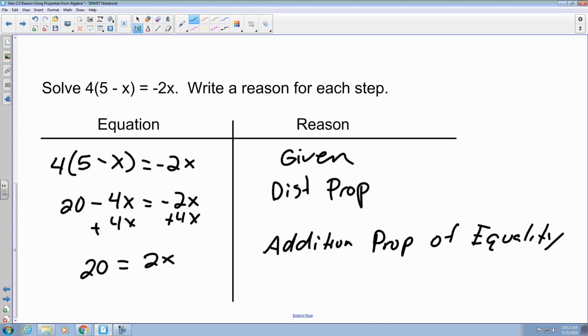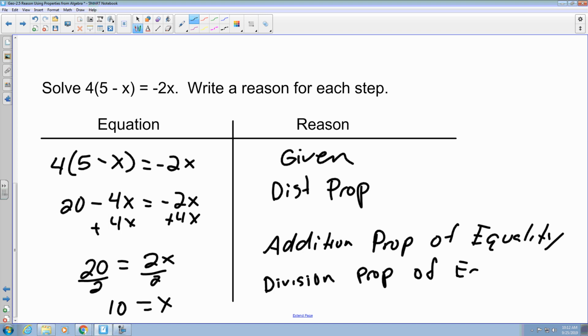And then finally, I'm going to divide everything by 2. So I get 10 equals x because I divided, it's the division property of equality. And we got 10 equals x.